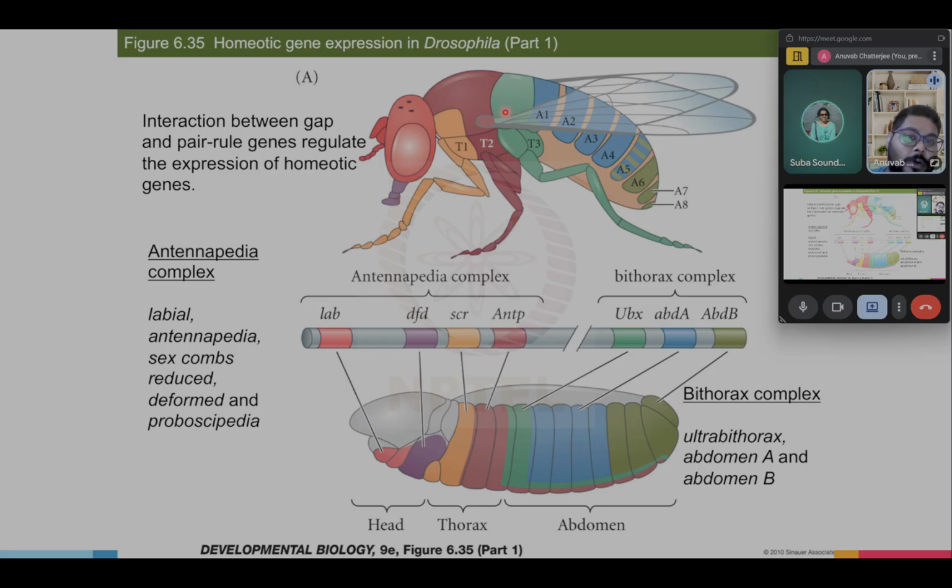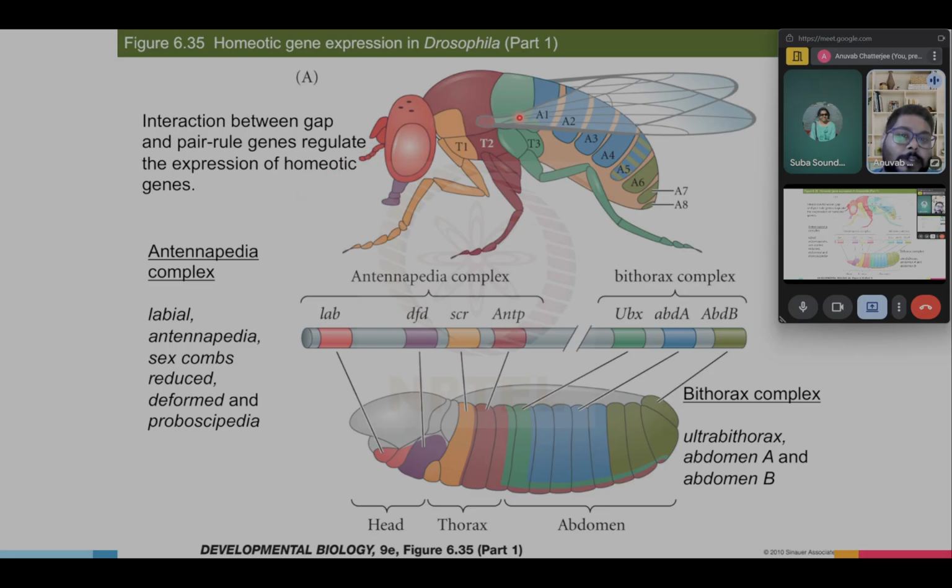And there is the other example where antennapedia, which helps in the formation of legs, is taken from here and placed in an anterior region like the antenna region here. Then antennapedia takes over and forms legs right here in the head.